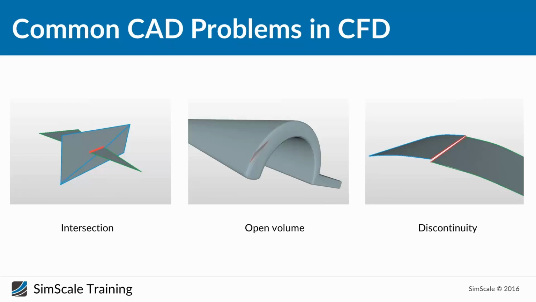So we have to make sure that the volume inside is closed, and that we do not have open surfaces like this or holes in the middle of our geometries. Otherwise we will find a lot of problems.